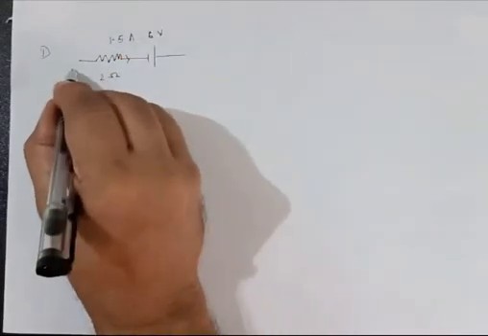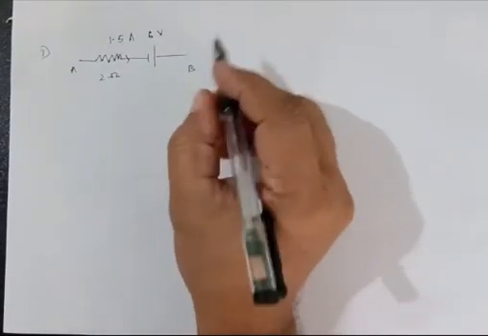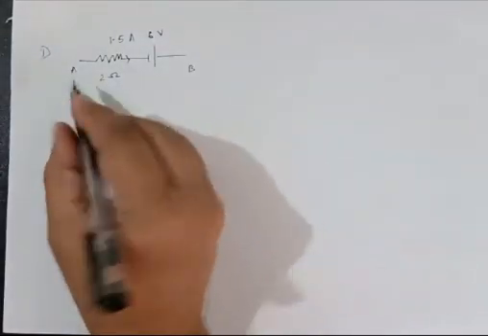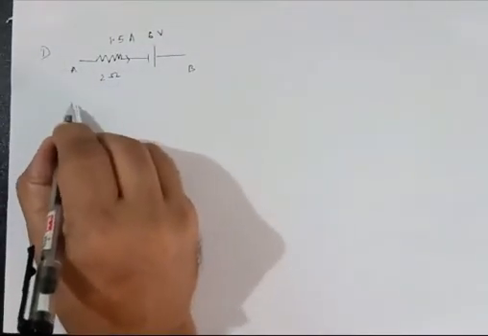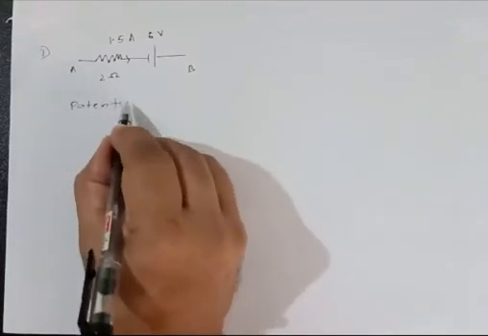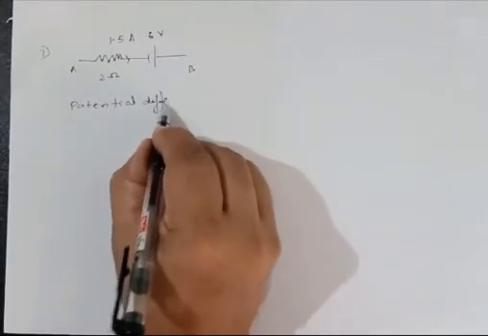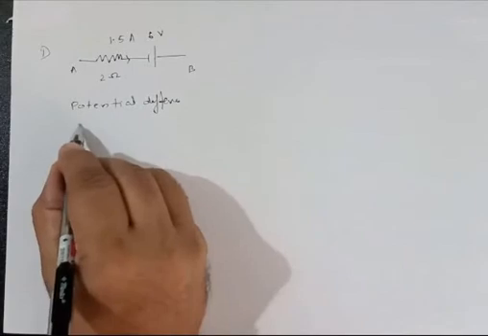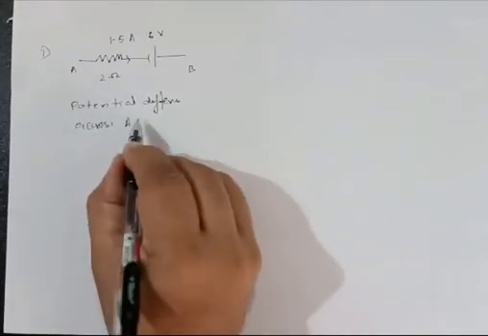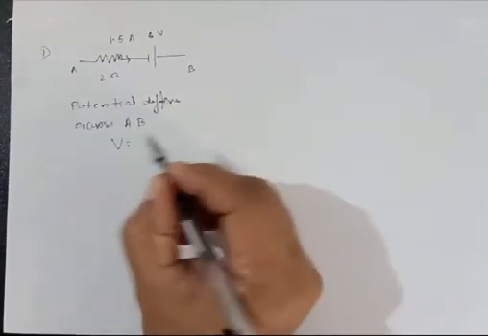Let's take these points as A, B. Now we need to work out the potential difference across AB, V is equal to.